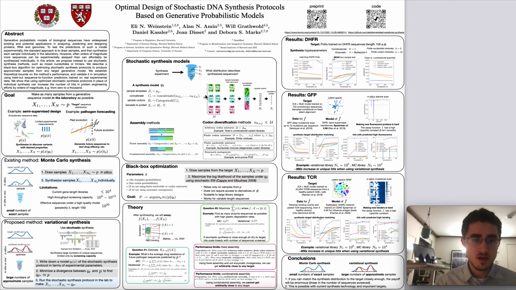Once we have a synthesis model, Q theta, in terms of experimentally controllable parameters, we optimize that synthesis model, so we developed a black box optimization procedure that can be applied to any target P, so long as you can draw samples from it. And it will optimize the parameters of these synthesis procedures.